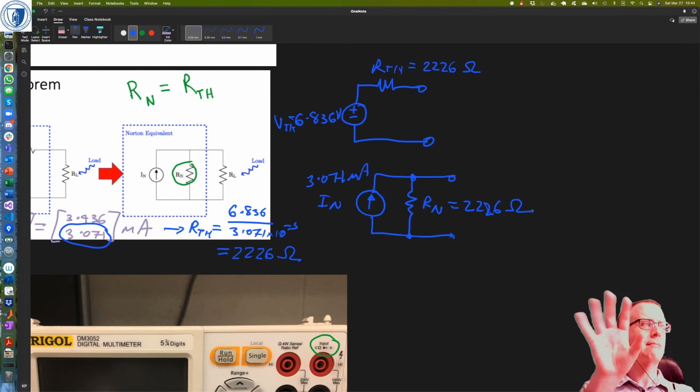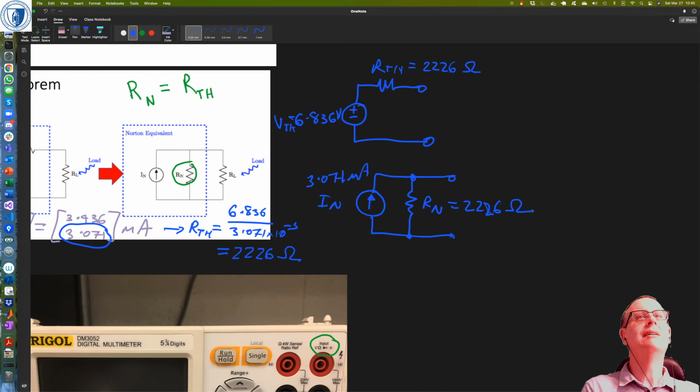Okay, I just like having the answers displayed like that, just so it's clear. You understand what you've been doing, and it's just an easy way to show the answer. It takes a bit more space, but I think it sums up the result nicely to draw it like that.